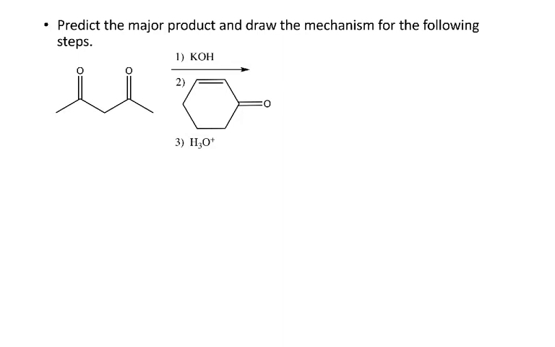All right, so in this example, we want to predict the major product and draw the mechanism for the following steps. I'm going to be reacting this diketone with potassium hydroxide. That's going to deprotonate the hydrogen here, giving me a doubly stabilized enolate. So this is going to give me a Michael addition, 1,4 or conjugate addition. And so I'm going to add this Michael donor to the beta position of this alpha-beta unsaturated carbonyl compound.